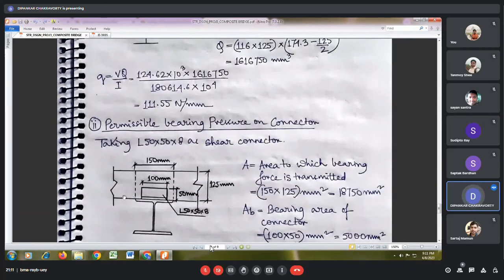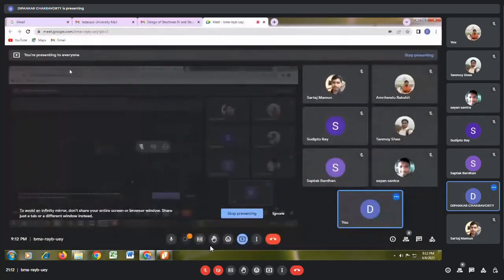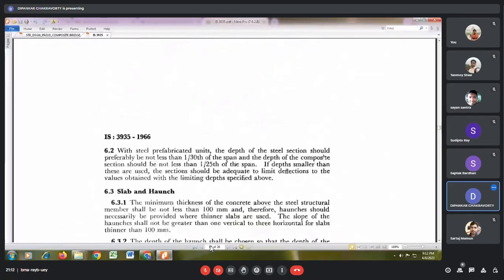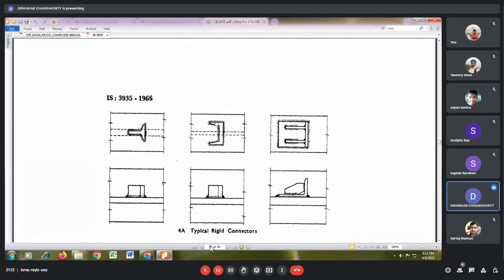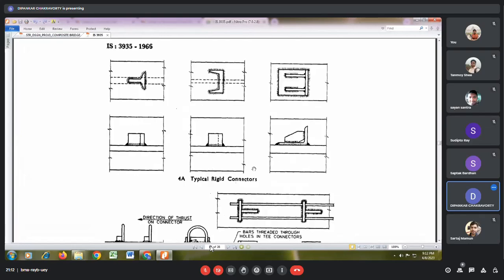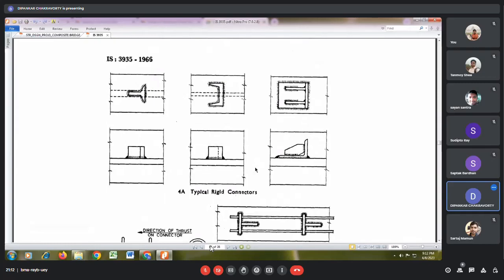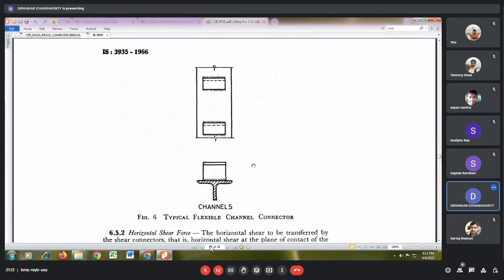Now, if we provide angles as shear connectors, if you have angles as shear connectors, এরকম টাইপের অ্যাঙ্গেল থাকবে। দাঁড়াও, ভালো করে ছবিটা এঁকেছে? এই যে, তোমরা বুঝতে পারছো?